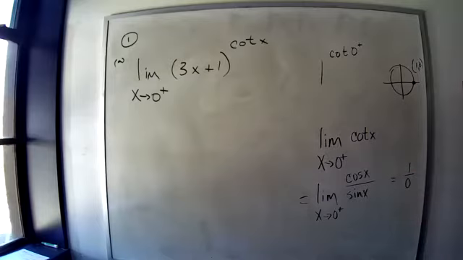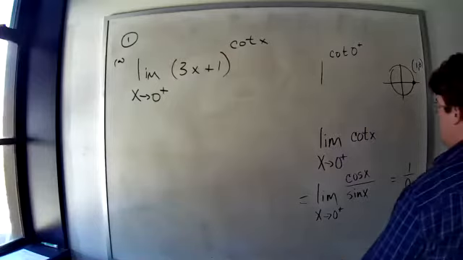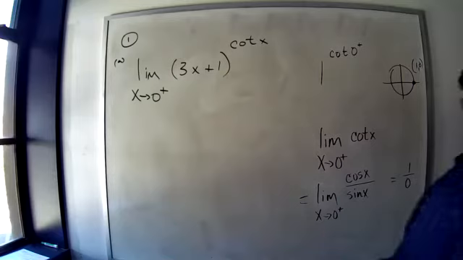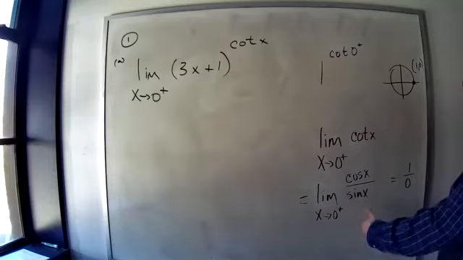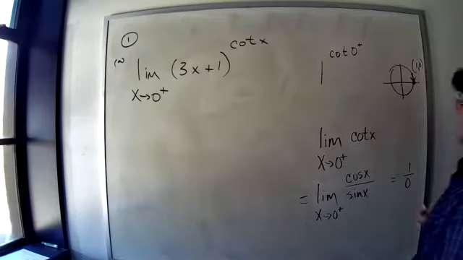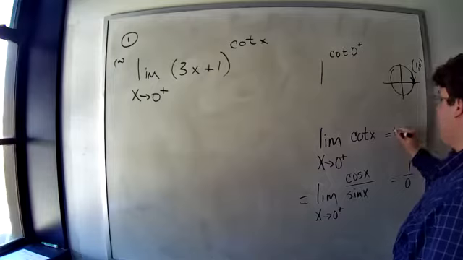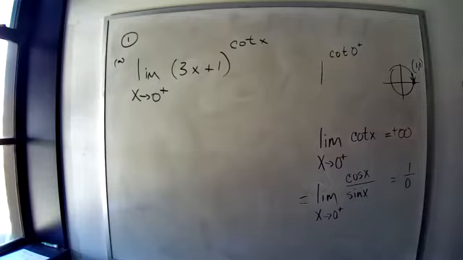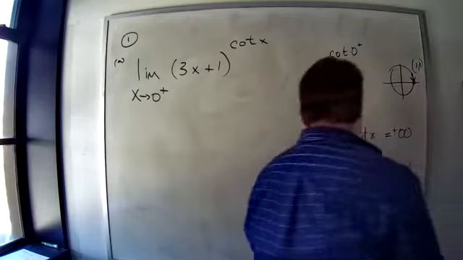Gives you 1 over 0. What happens when you get 1 over 0? Well, you look at both sides of 0, you get an infinity or a negative infinity. Here we're on the right of 0. On the right of 0, we can interpret that with angles. In the first quadrant, everything's positive. So that limit would be a positive infinity.